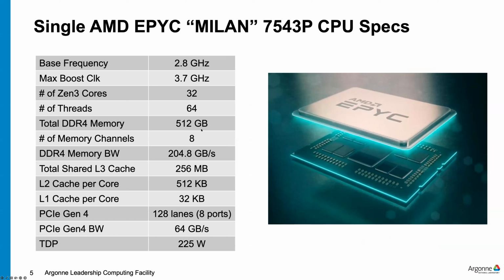I'll just mention some details about the CPU itself. We have 32 cores. Note that we have the Milan CPU, so it's Zen 3. You'll note later that our default configuration has the compiler building for Zen 2. This has to do with some legacy constraint: the Nvidia compilers are not able to deal with the Zen 3 instructions.